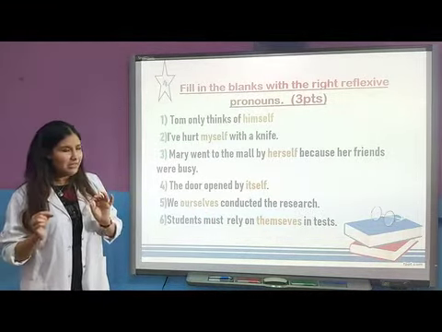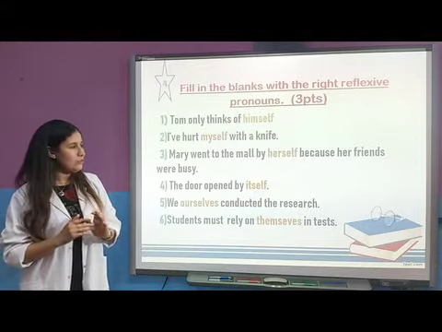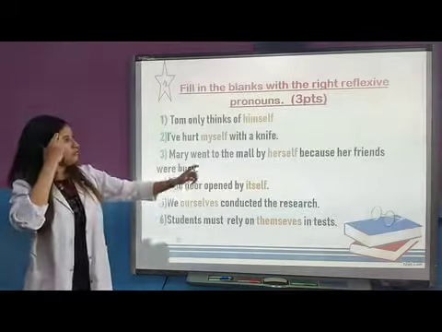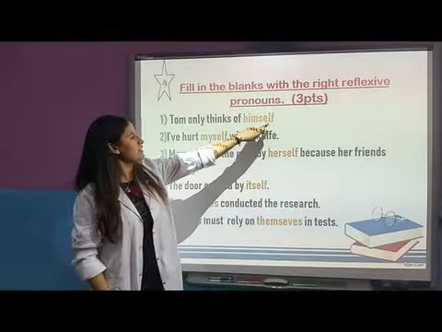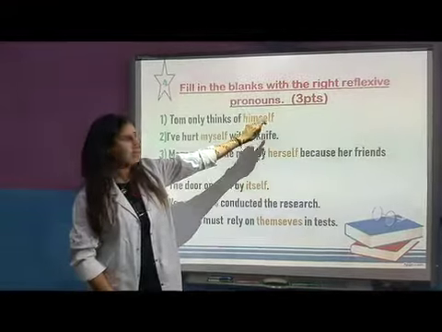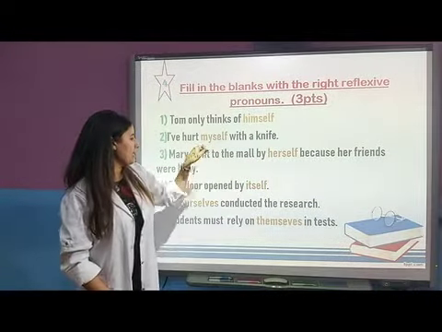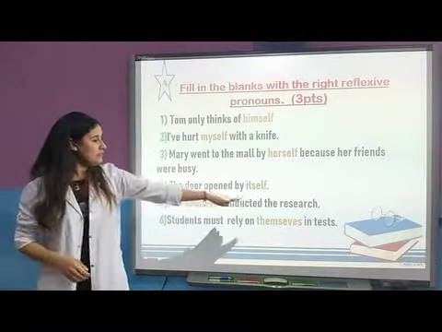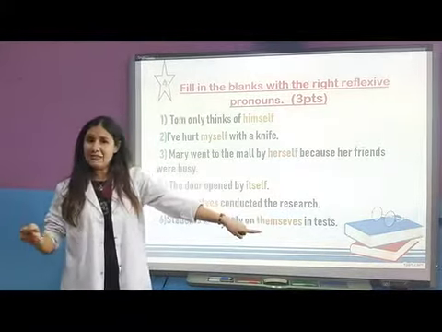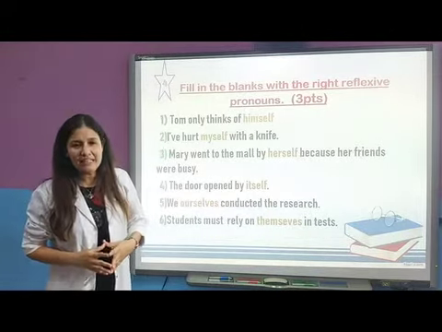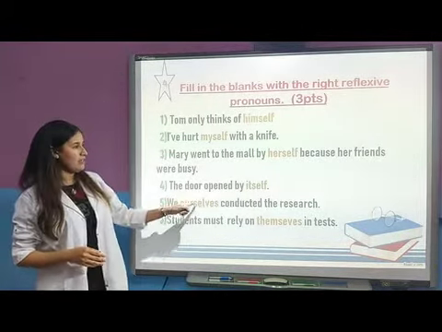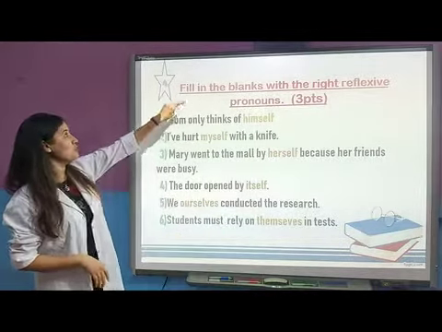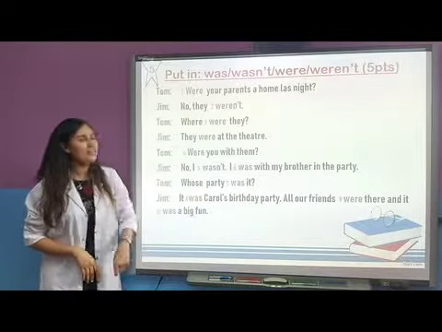Just another reminder, you have to make the difference between the singular reflexive pronouns and the plural ones, because as you've noticed, the singular reflexive pronouns end with F, like himself, herself, myself, itself, whereas the plural ones end with VES. That is to say, we omit the F and we substitute it by VES, like in ourselves and themselves. Clear? Great.